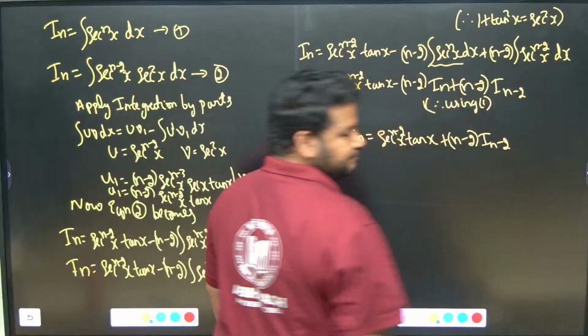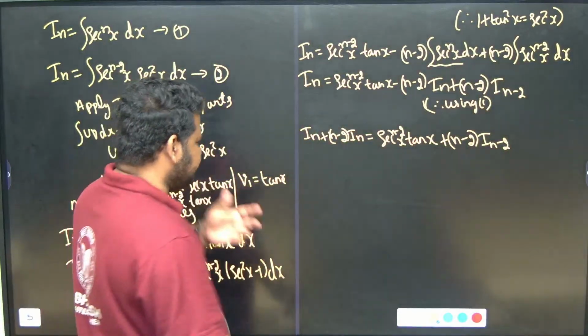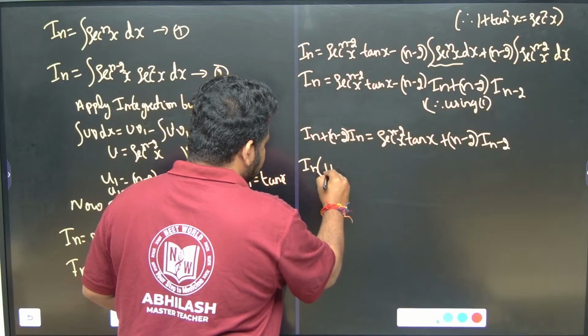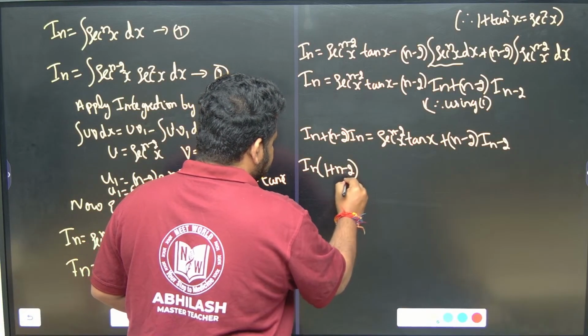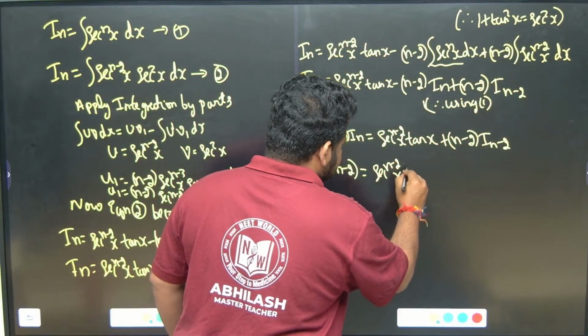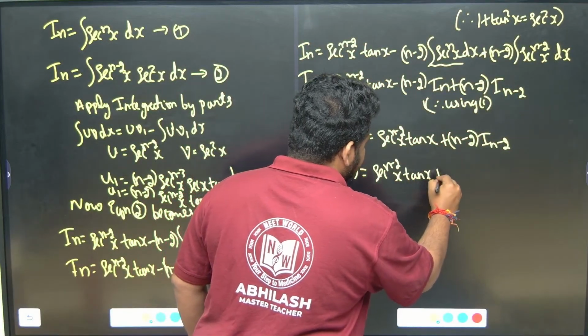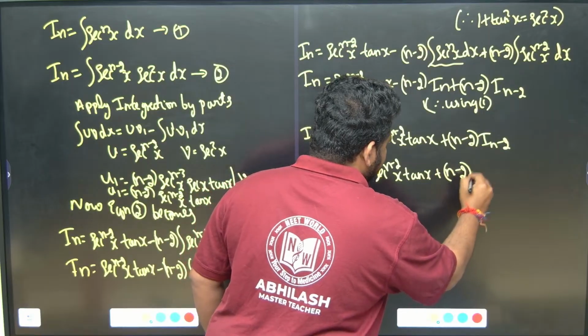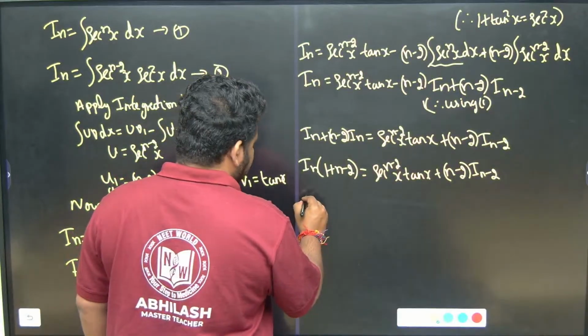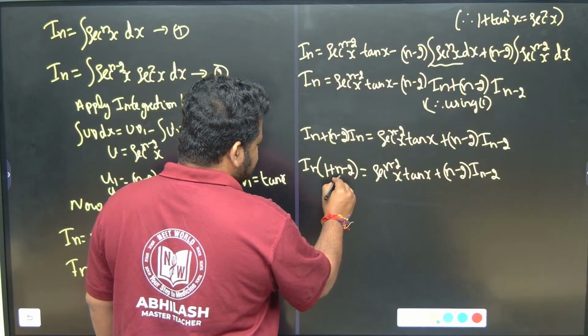This is what I'll be having. Now see here, In common, I can take In common. This will become 1 plus n minus 2 is equal to secant n minus 2 x into tan x plus n minus 2 into I n minus 2. Now observe carefully, plus 1 minus 2, this will become minus 1.